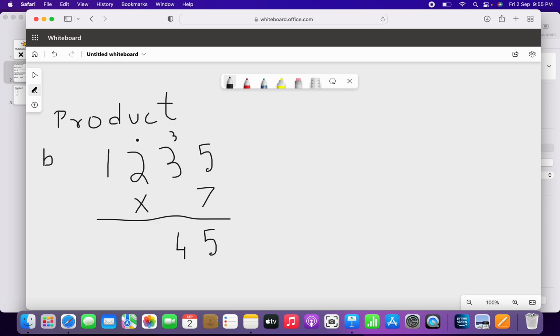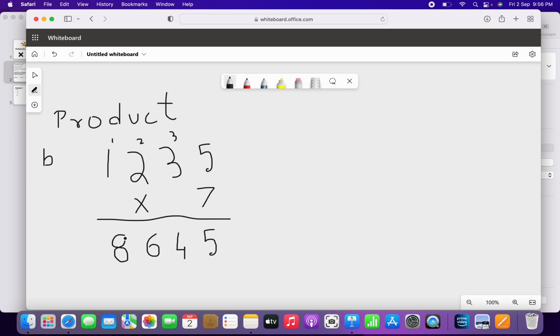You carry over 2 to the hundreds. 7 times 2 is 14. 14 plus 2 carry over is 16. You write 6 in the hundreds and 1 carry over to the thousand. 7 times 1 is 7 plus 1 carry over is 8.